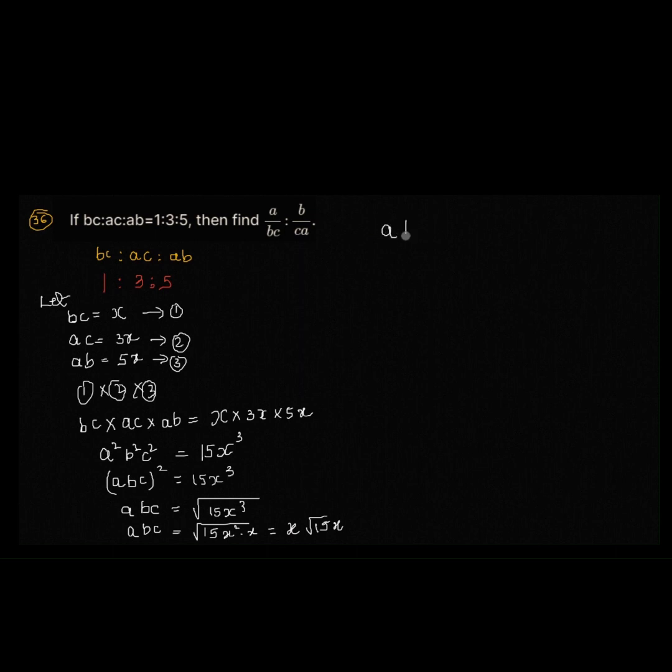So ABC, which we got here, is x root 15x, right? Look at this, I'm going to substitute here. It was already given that BC is x, from equation 1.